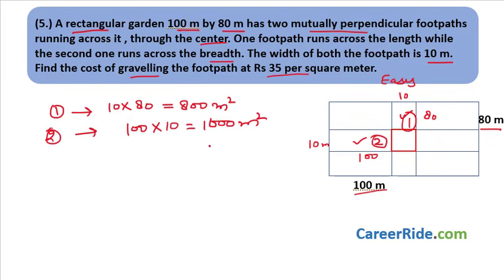So now you would think that the total area here should be 1800 meters square, right? This is what you would think. This is the area to be gravelled, but this is not correct. This is wrong. Why is this wrong? Because you have to consider the center of this rectangle where the paths are drawn.